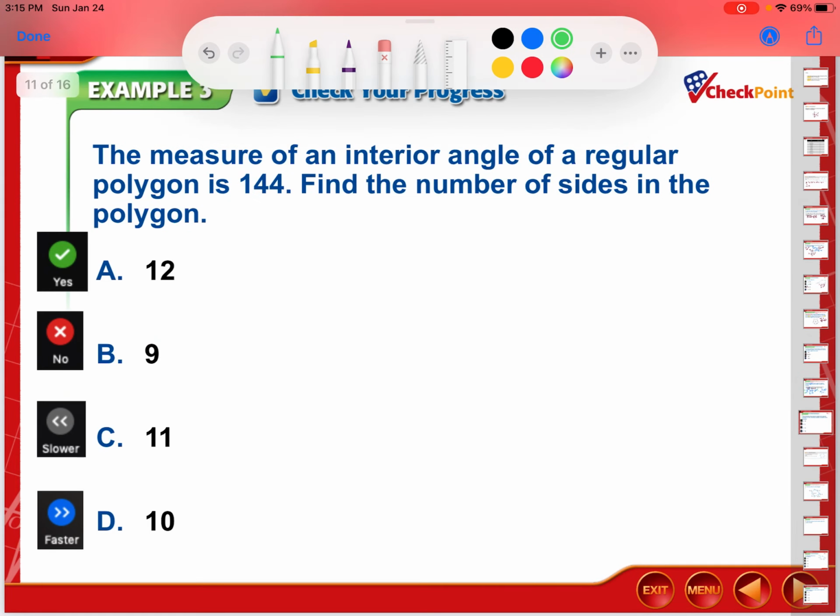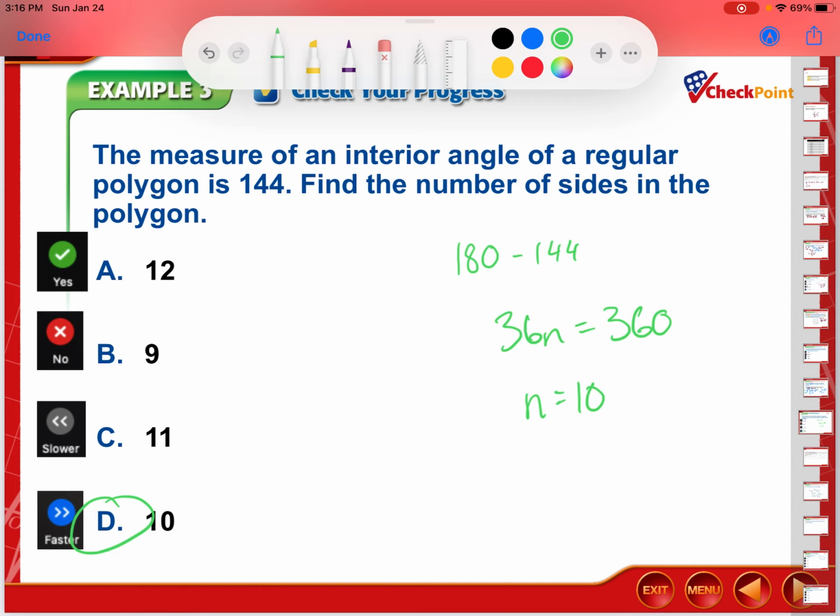Continuing on, the measure of an interior angle of a regular polygon is 144. Find the number of sides in the polygon. So 180 minus 144 is 36, and 36n equals 360. So n equals 10.